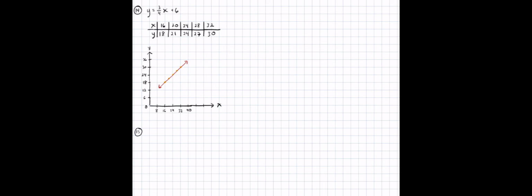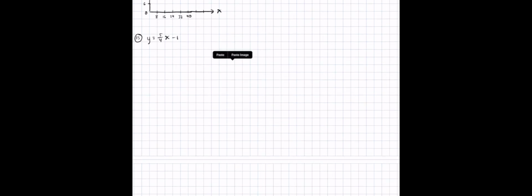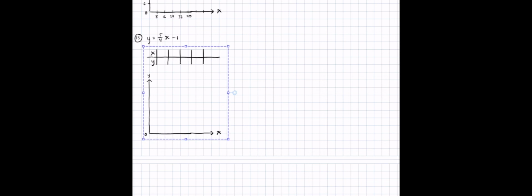For number 15, we have y is equal to 5/4 x minus 1. Let's get a table and a graph going here. For 15, let's go with 4, 8, 12, let's do 16, and then we'll do 20.